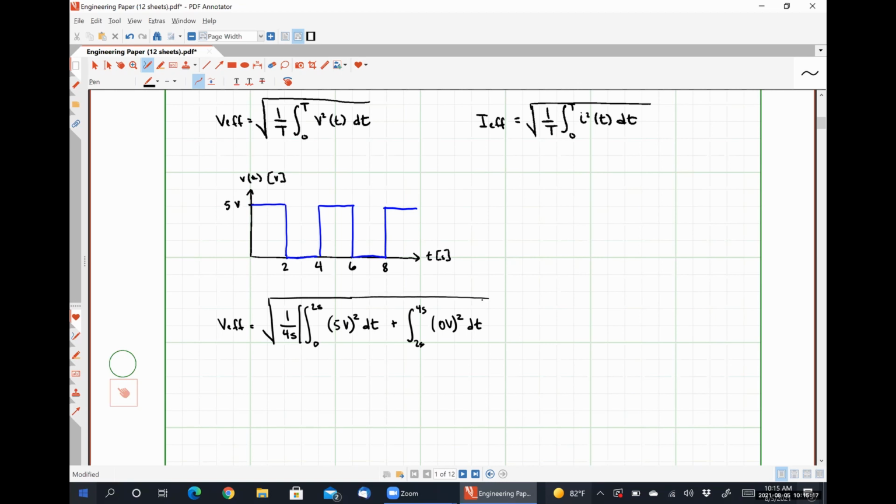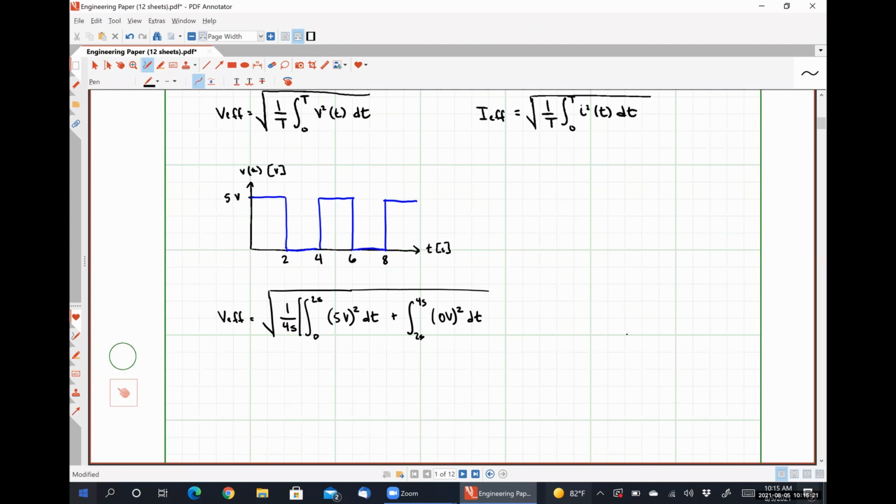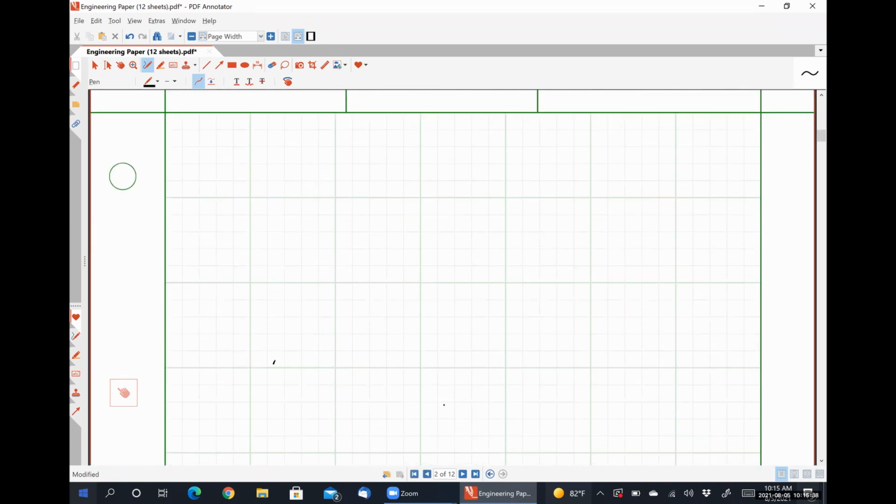So evaluating this integral should be fairly trivial. Should be pretty obvious that that guy right there goes to 0 because we're integrating nothing over a period of time. So this is going to look like the square root of 1/4 of a second. Oops, don't know what the heck happened there.